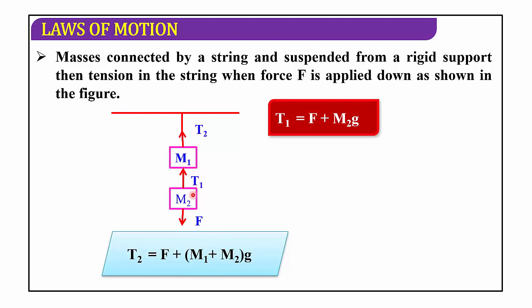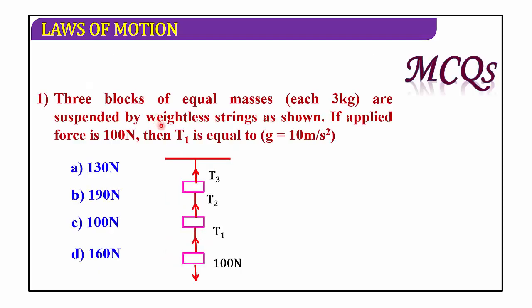T1 is F plus m2 into g. T2 means this is the total tension, so F plus (m1 plus m2) into g. Is it clear? So you can remember this equation when masses are connected by the string, and this is for the force applied in a downward direction. Now we go for simple multiple choice questions based on this concept.